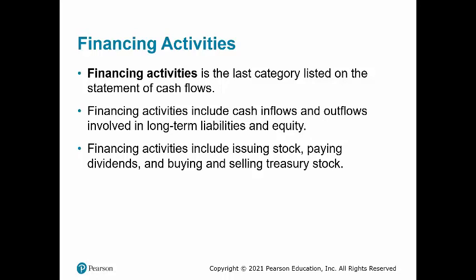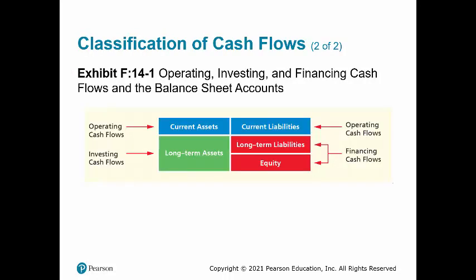But it's also going to include information when they borrow money and when they pay off long-term liabilities such as notes payable, bonds payable, and mortgages payable. So to summarize the information for the statement of cash flows and where we get that information from, this diagram shows us that we get the information from the current assets and current liabilities to complete the operating cash flow section.